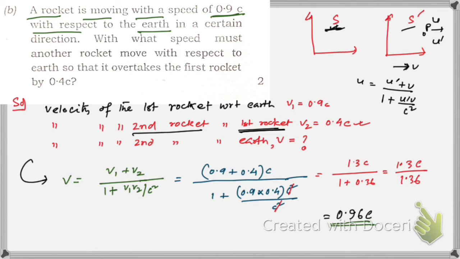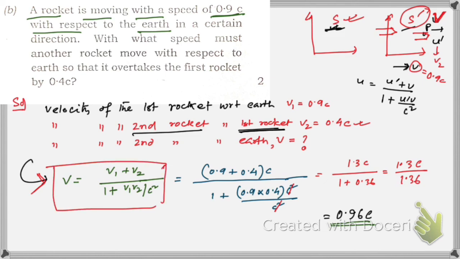Now, in this case, u dash is v2, and the v of the first rocket, which we have taken as S dash, is 0.9c. Then we need to find the velocity of the second rocket, the particle P, which is moving with velocity u with respect to S. Applying the relativistic law of vector addition, we have got this relation, and putting in those values we have got this answer.